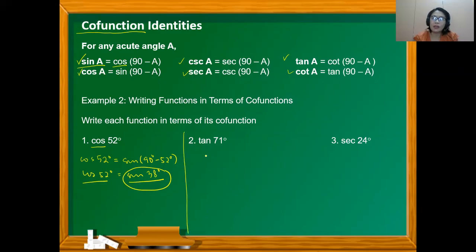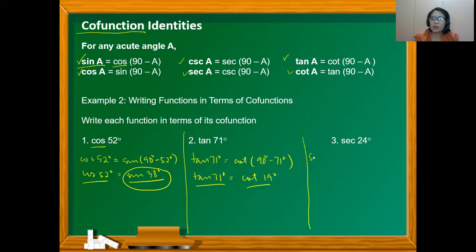For tangent, tangent is cofunction with cotangent. So this is tangent 71 degrees equals cotangent quantity 90 minus 71. So we have tangent 71 equals cotangent 19 degrees. So the two are equal.